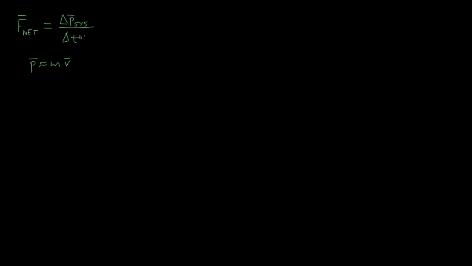Now, because this number delta t is always a positive number, the net force and the change in the momentum of the system always point in the same direction. So because delta t is always positive, we know that the net force will be in the same direction as the change in momentum.